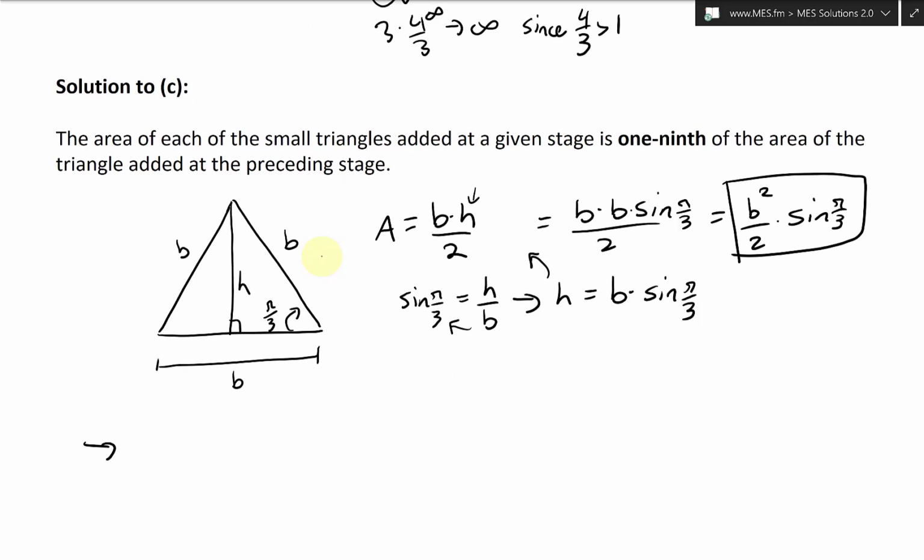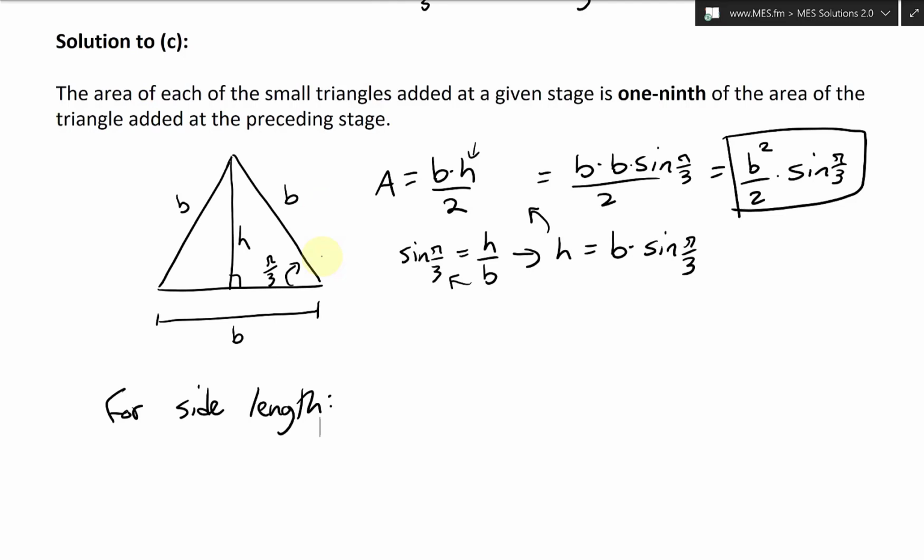Alright, so now for the next triangle after that, for side length B over 3, the area is, well, we already know because they're all equilateral triangles, this same area but we replace B with B over 3.